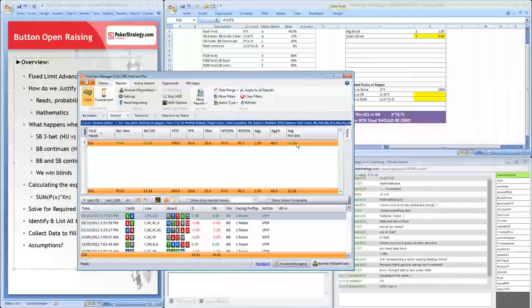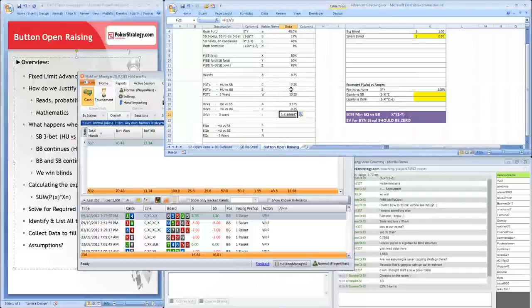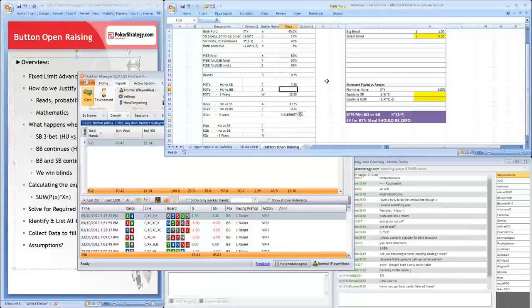So this will be 13.58 divided by 2, 6.79 big blinds for the pot. Okay, and now this is the average pot size when we're heads up against the big blind.